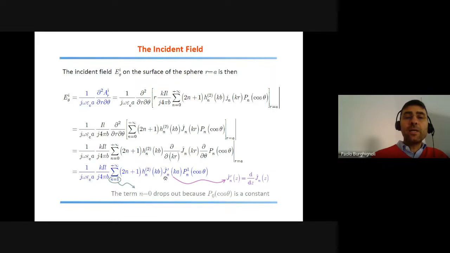And note finally that in the notation I have used an apex to indicate the derivative with respect to the argument of the function, in this case of the modified spherical Bessel function j hat. So this is the incident electric field.